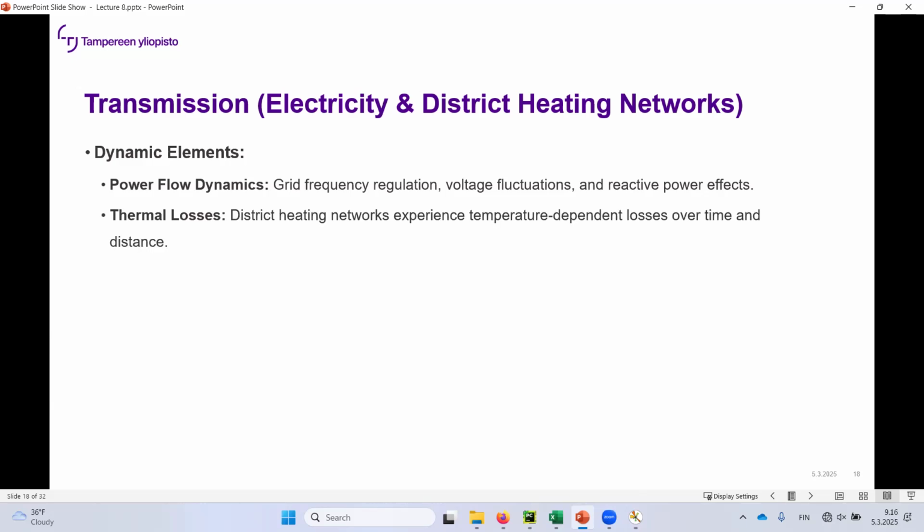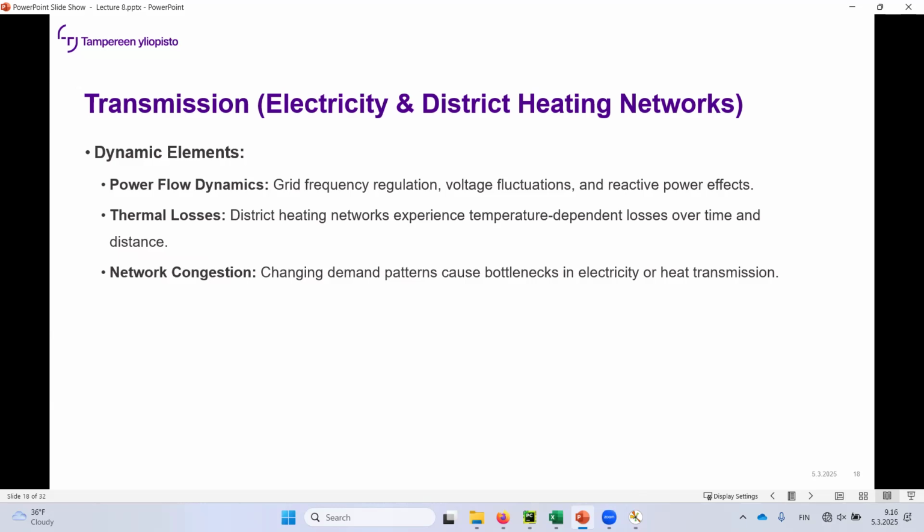Thermal losses, district heating networks, they are much lower in operation and they don't require such delicate control and balance as this electricity grid. But either way, that's one dynamic effect that has to be taken into account. And since it is so slow, if your network is elongated type, so production is here and the consumption is in here, there's going to be a time delay there.